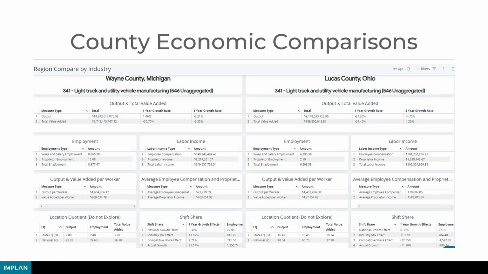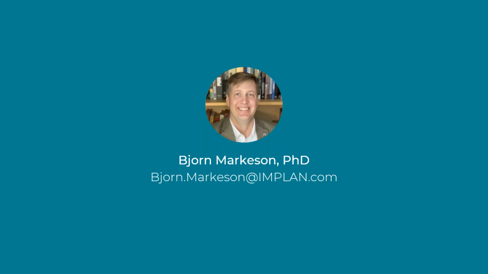But again, allowing you to make those contextual comparisons between regions, between industries, to give a richer context to any type of analysis you're doing using regional economic data.